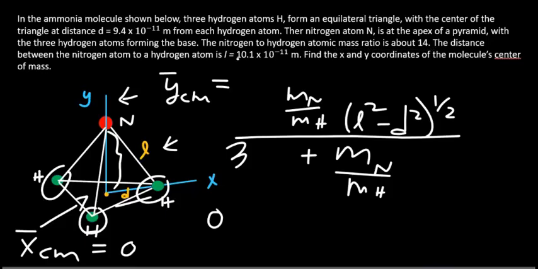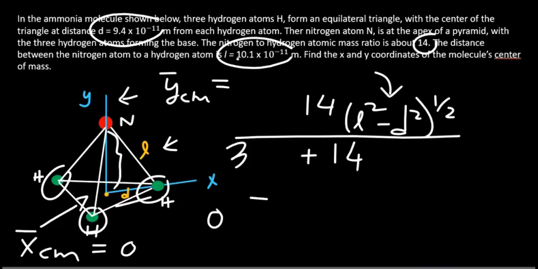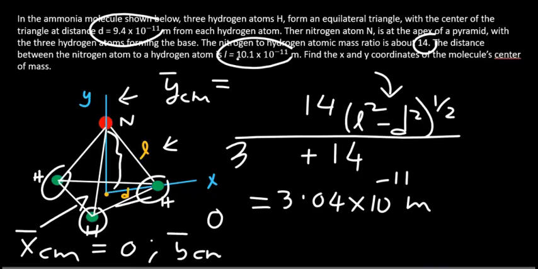We know the ratio is 14 right there, so you can substitute that ratio with just 14, and likewise 14 here. Now we substitute the value of L. L is that number and d is that number inside here, and calculate the y-coordinate. And if you do that, you get an answer of about 3.04 times 10 to the power minus 11 meter. So there we have it. The y-coordinate of the center of mass of this ammonia molecule is 3.04 times 10 to the power minus 11 meter.